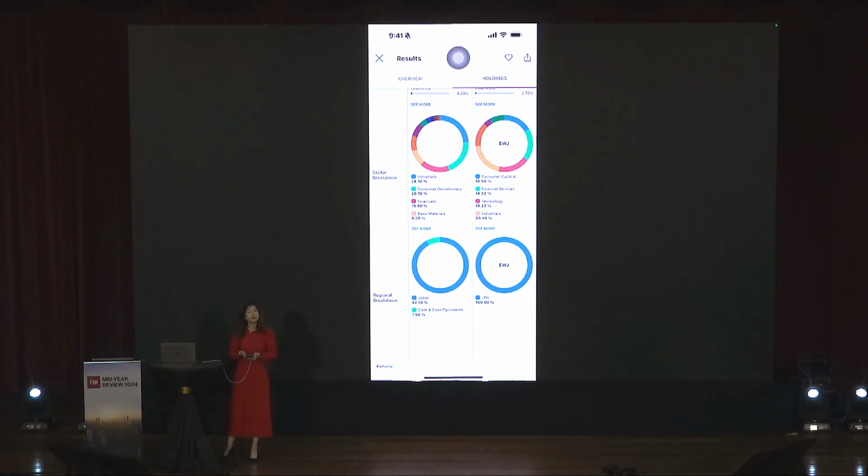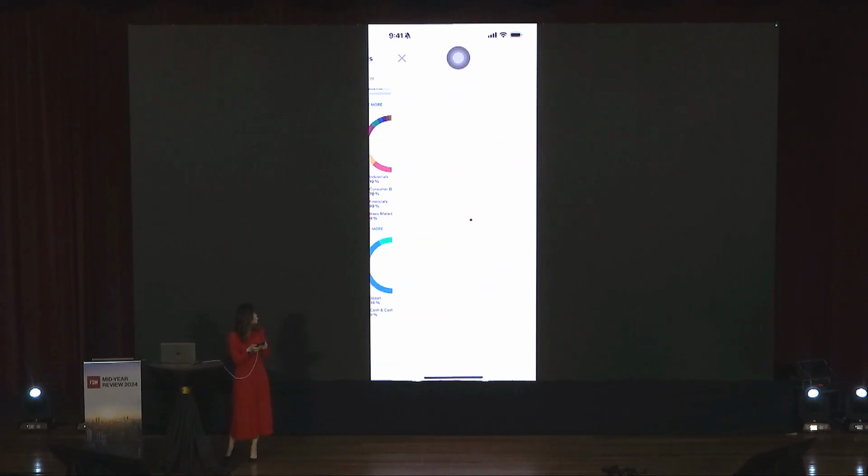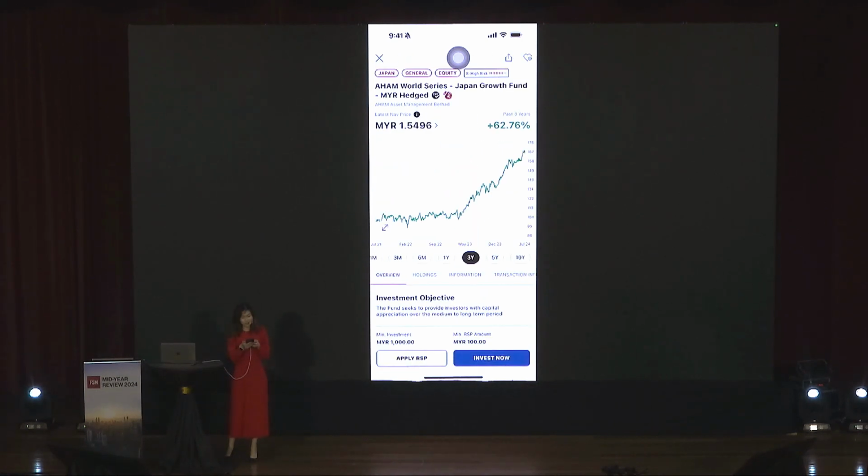If you would like to know more details, simply click See More, get to the fact sheet, and you will also be able to view the holdings details over here.